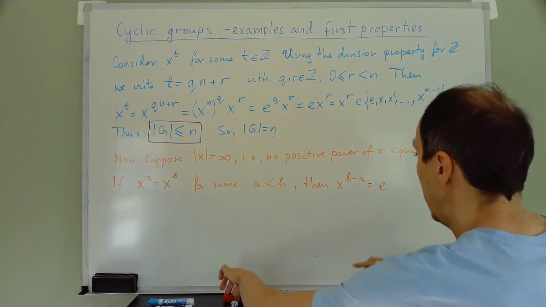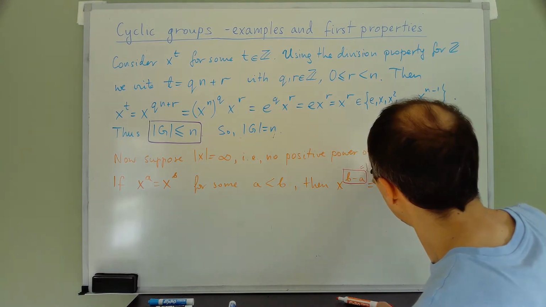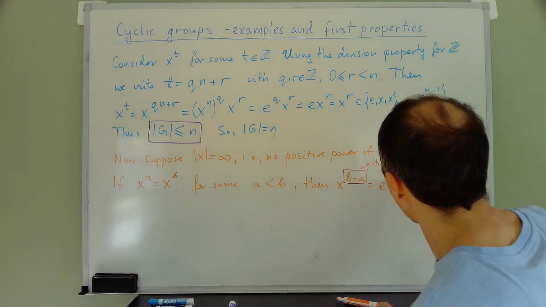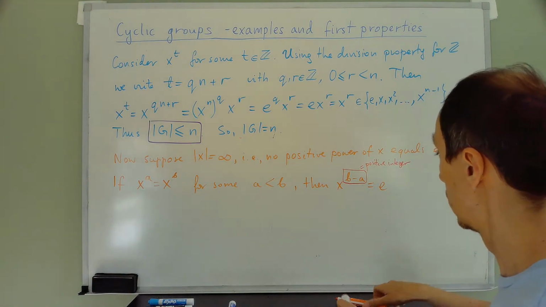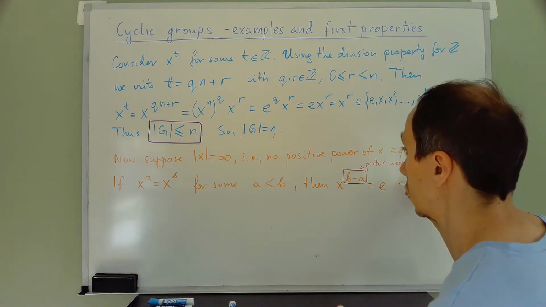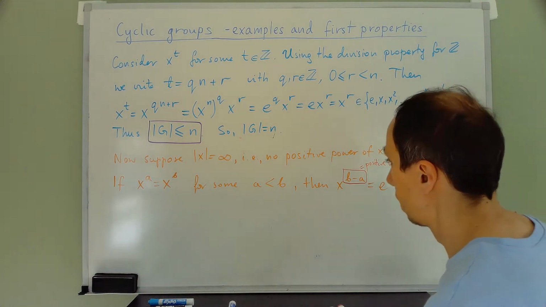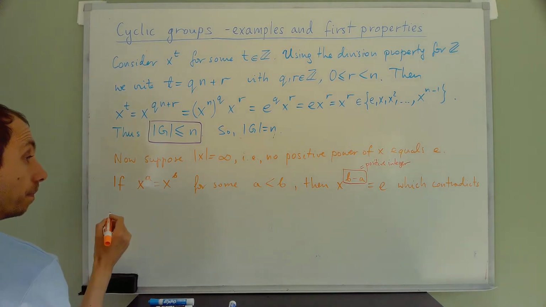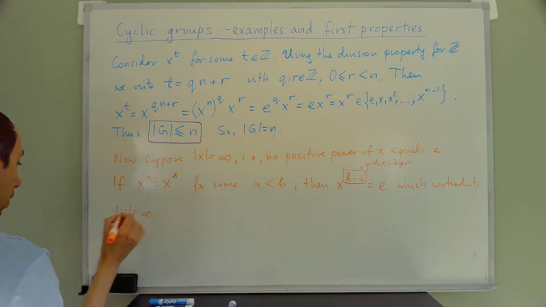Oh, but b minus a is a positive integer, and I just said there's no such thing, which contradicts the order of x being infinite.